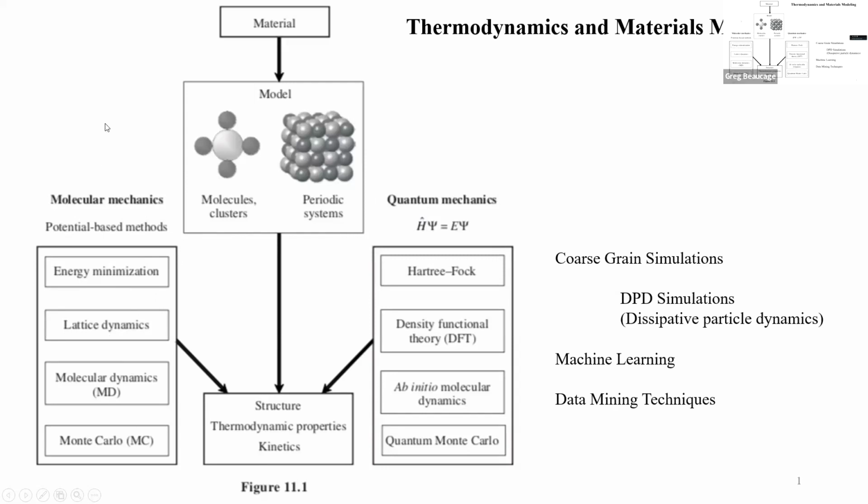Beyond that, you can go to dissipative particle dynamics, which is the same thing as molecular dynamics, except that you don't use a 6-12 potential. You use a simpler potential that allows you to do larger clusters of things. If you have a complicated potential function, it takes more computing power. If you have a simple one, it allows you to get to larger systems.